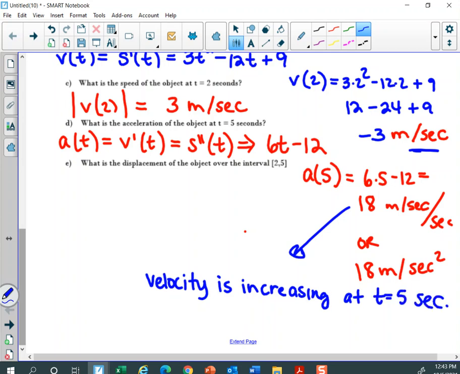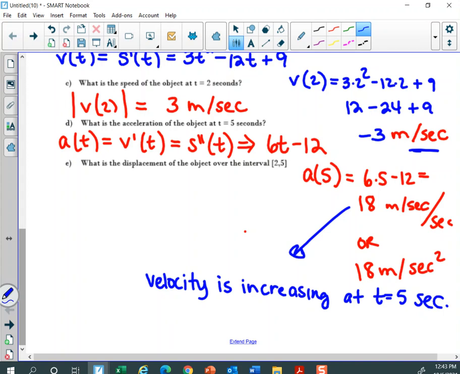But whether the speed is increasing or decreasing, we would have to see the speed at 5 seconds. The sign of the acceleration tells you if velocity is increasing or decreasing. The acceleration sign and the velocity sign together is what you need to determine speeding up or slowing down.